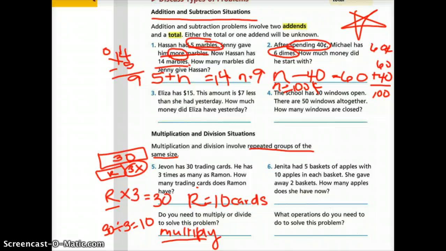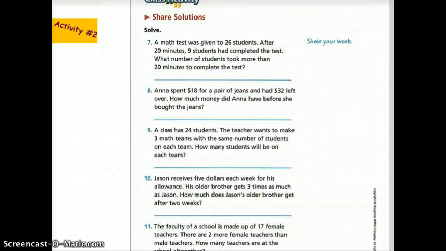Then we're moving on to page 138. If we look at question 7, a math test was given to 26 students. After 20 minutes, 9 had completed the test. What number of the students took more than 20 minutes to complete the test?